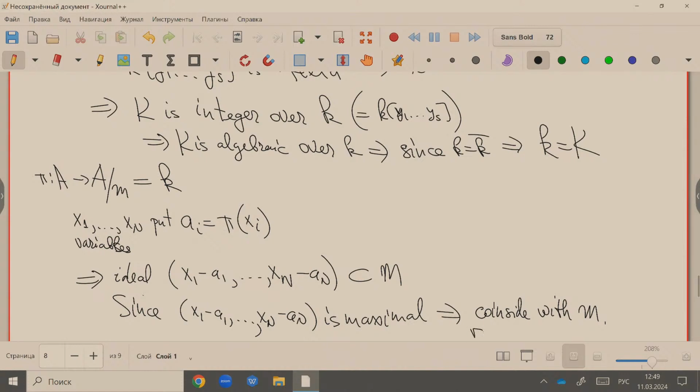So we have proved the equality between the set of coordinate points and the set of maximal ideals.